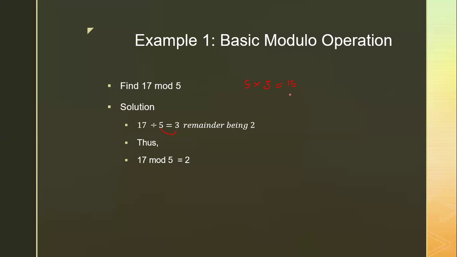And then when you subtract that from 17, you get a value of 2, right? So the remainder of 17 divided by 5 is 2, but 17 divided by 5 naturally is 3, with the remainder being 2. So we see that 17 mod 5 is equal to 2. I hope that solidifies the understanding of basic modular operations.